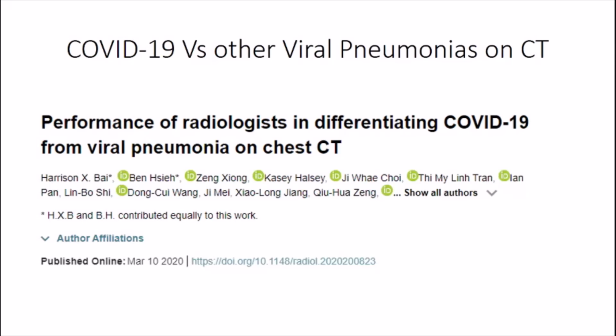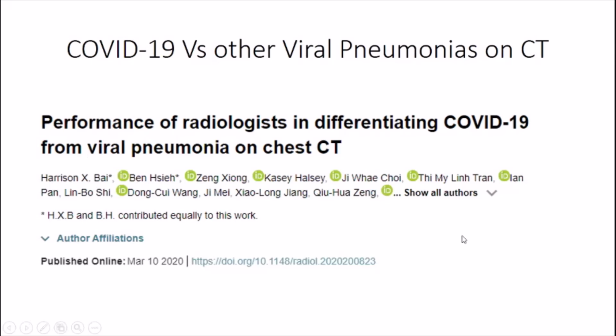But the thing is, is it possible to differentiate COVID-19 from other viral pneumonias on CT scans or not? So this is one of the most important studies. It was published just 2 weeks ago in the Radiology journal.